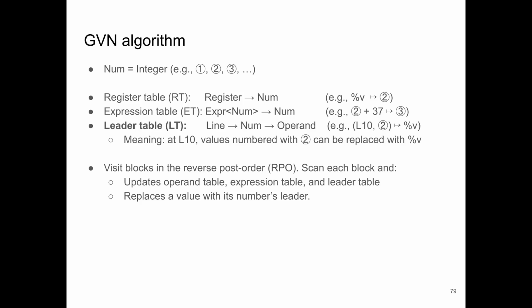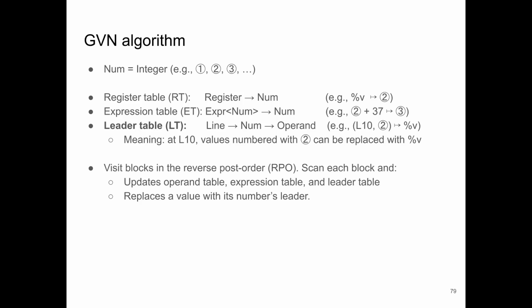It already explains quite a lot about how to implement local value numbering. But we are going to implement global value numbering, so we need to do a little bit more about the domination relation. In particular, we are going to maintain what is called a leader table.